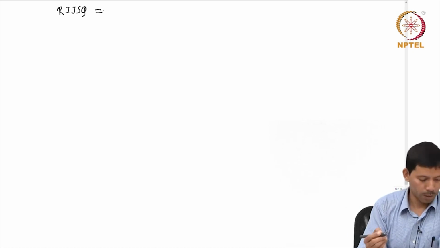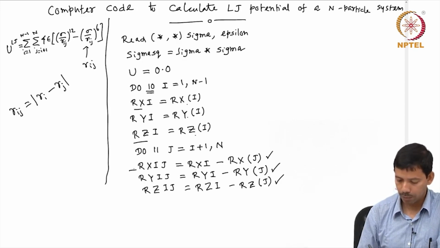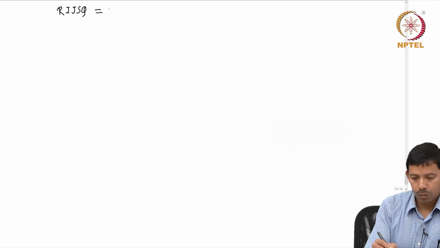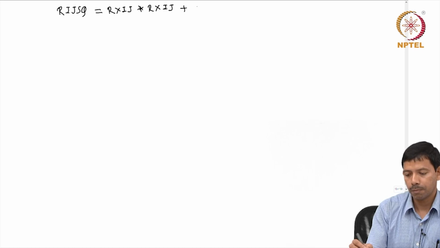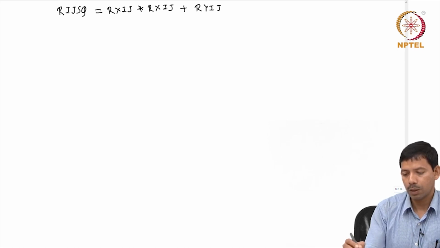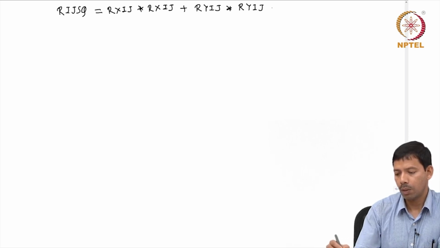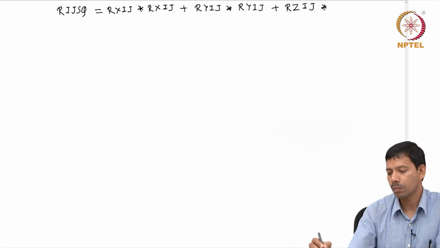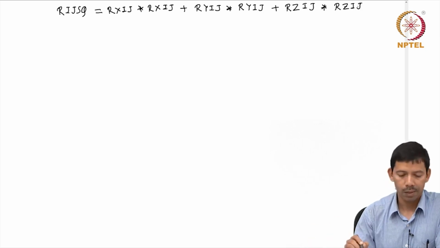Since I already have Rxij, Ryij and Rzij, Rij square is Rxij multiplied by Rxij plus Ryij multiplied by Ryij plus Rzij multiplied by Rzij. So this is my Rij square.